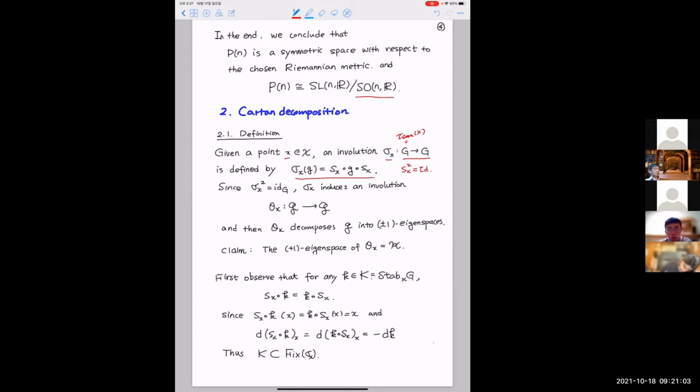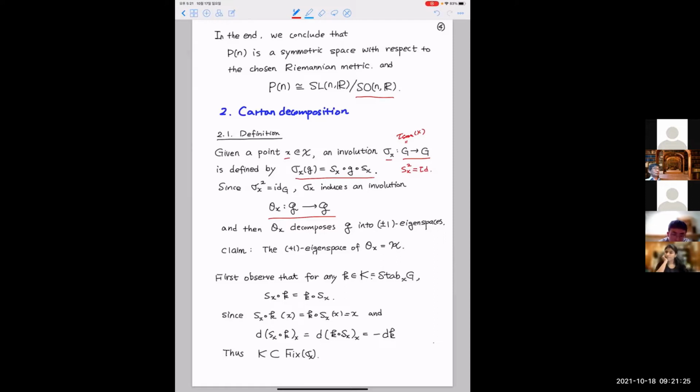So sigma X induces an involution of the Lie algebra of G, okay, zeta X. So this zeta X is an involution. So zeta X decomposes the Lie algebra of G into plus and minus one eigenspaces.